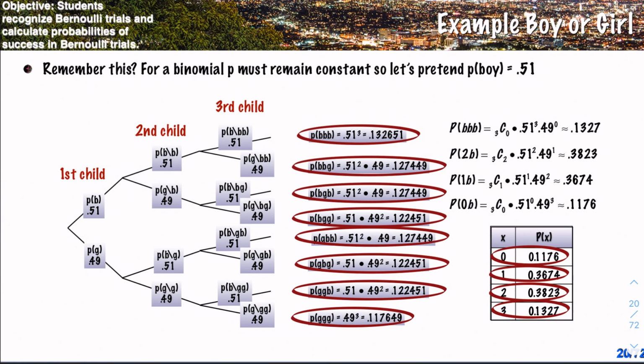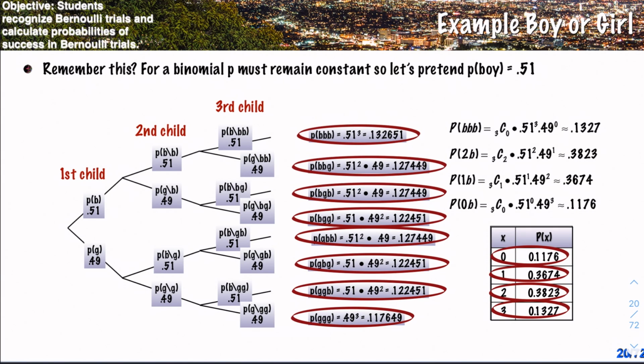Then the third child, 0.51, 0.49, 0.51, 0.49, 0.51, 0.49. And to get all of this binomial distribution of boy or girl each time, we multiply those probabilities and add them up. Now notice, the probability of getting 3 boys is 3 choose 3, which is 1, 0.51 to the third, 0.49 to the 0th power, which is 1.